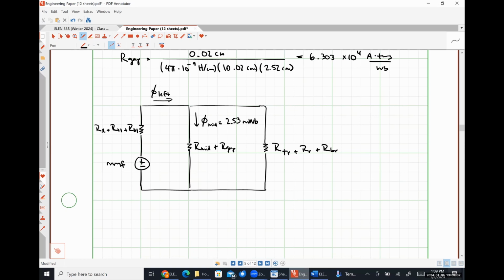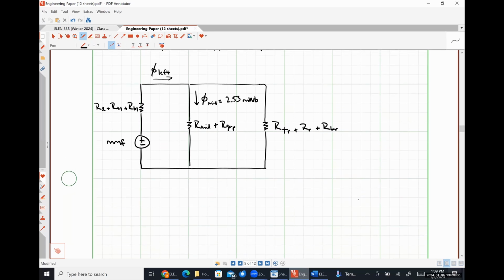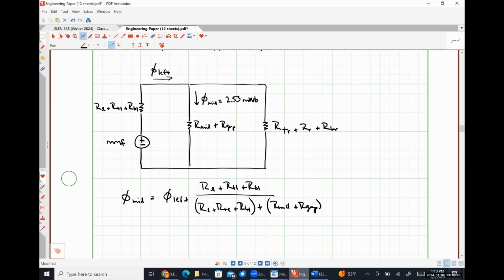Okay, so current division backwards. So phi mid would be whatever phi left is times R left plus R top left plus R bottom left, divided by R left plus R top left plus R bottom left plus R mid plus R gap, right?